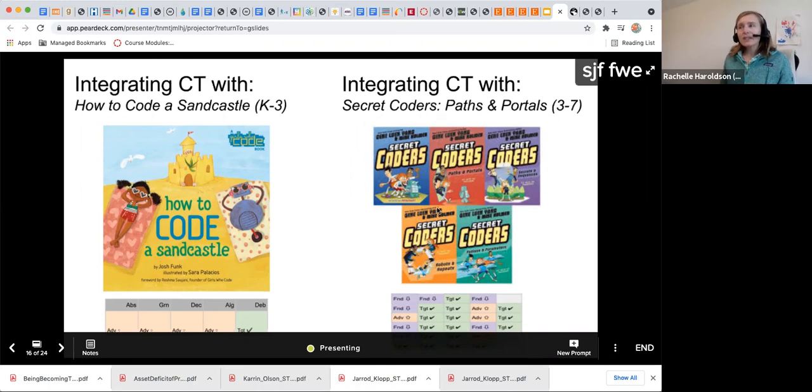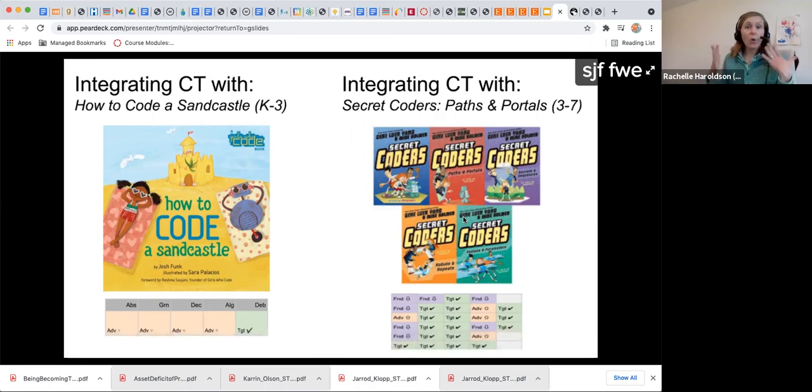This is really good if you have students reading between the 3rd and 7th grade level who are pretty much on target or need to develop foundational skills in computational thinking. So this is a really great series to introduce computational thinking to your students. I think it has some really good terminology. It has activities inside to help you practice.